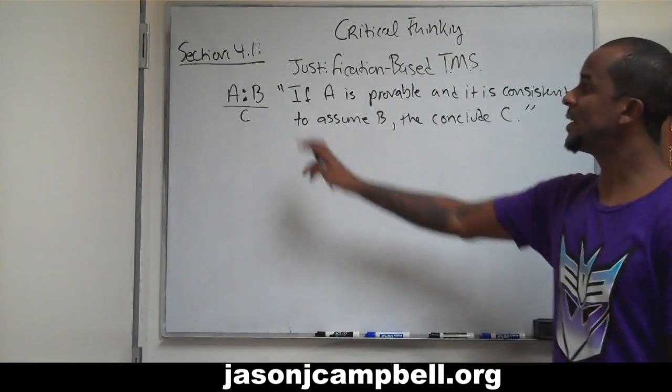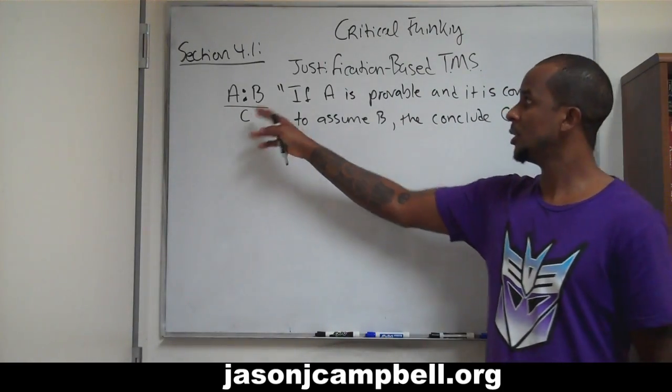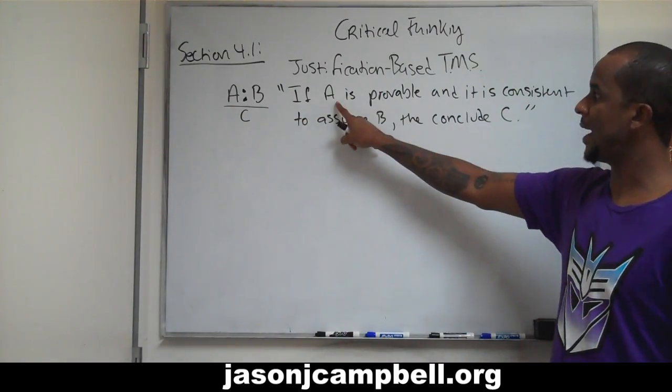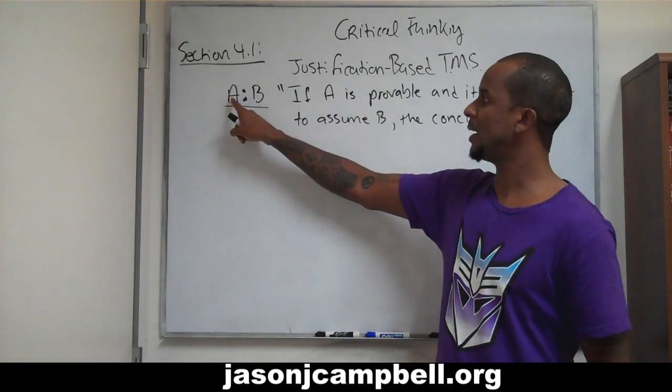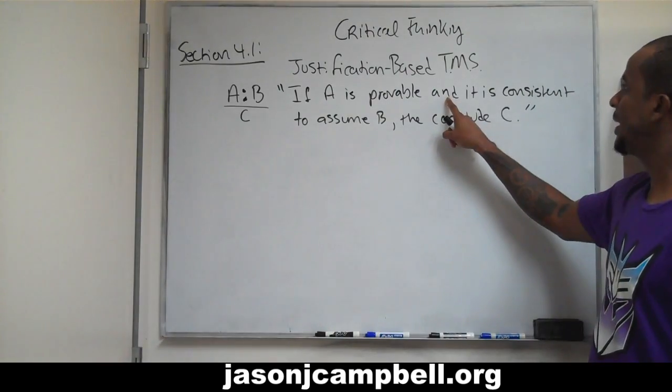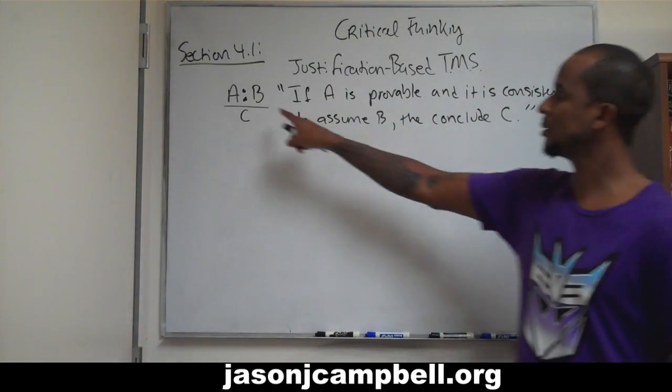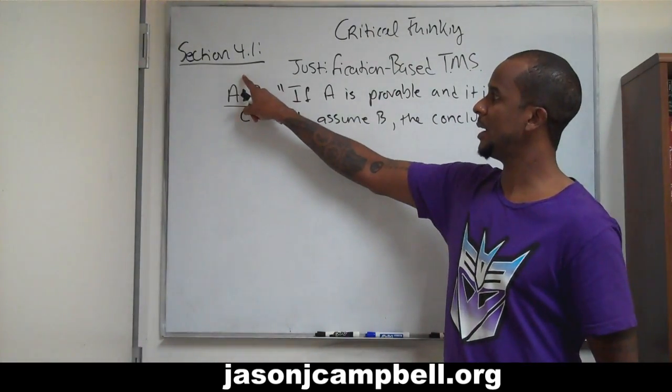So, when you see this structure, the way that you read it is: if A is provable, so we're making an assumption, right? If A is provable and it is consistent, all of this is represented by the colon.